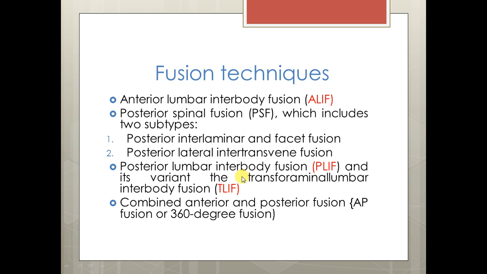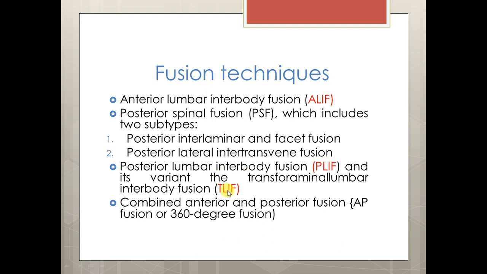If you go posteriorly to do fusion posteriorly and go to the anterior part interbody, this is called either PLIF or TLIF. And if you do the fusion posteriorly and laterally and the anterior, this is 360-degree fusion. All around, fusion all around.